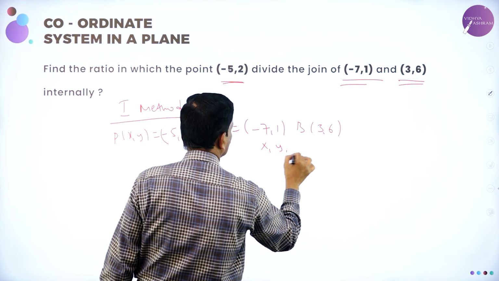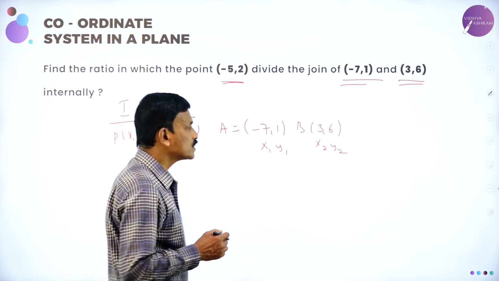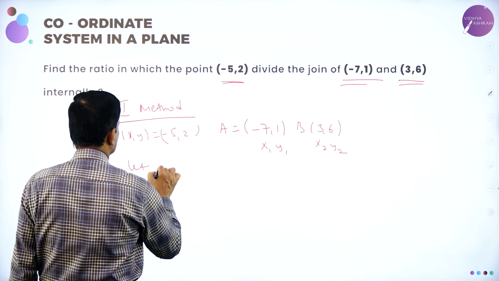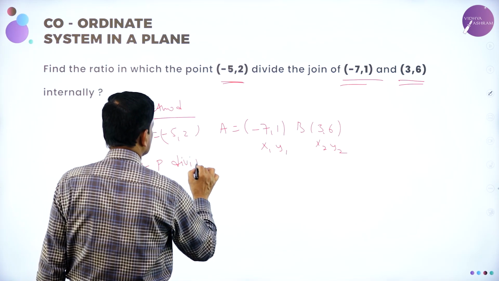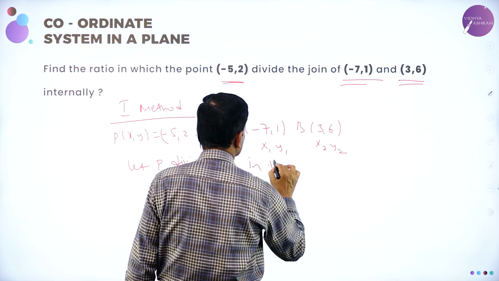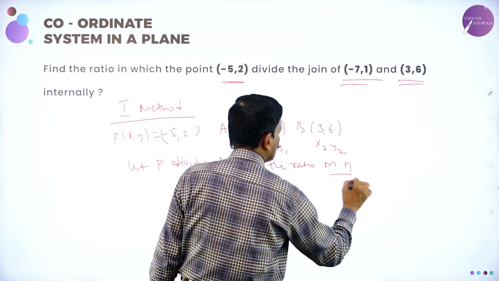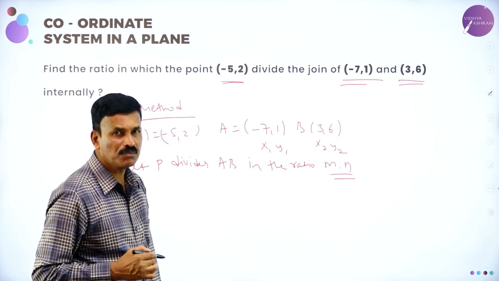This is x1 y1 x2 y2. Now suppose P divides AB in the ratio m is to n.